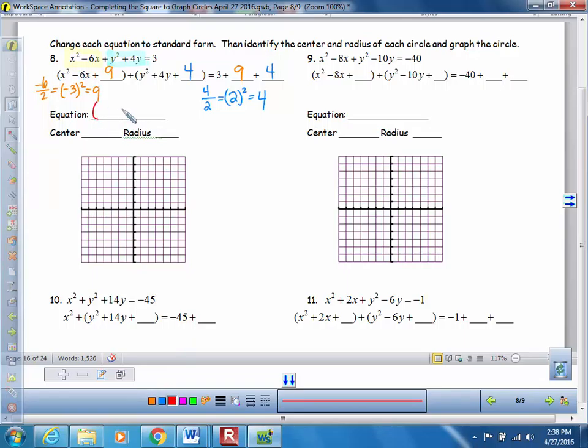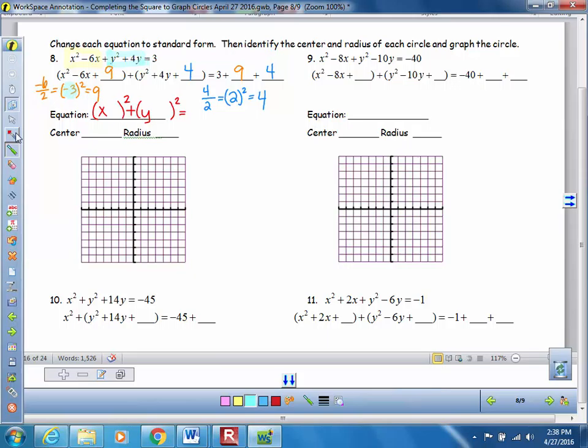We're going to have parentheses with an x in it squared plus parentheses with a y in it squared equals our number. The number that goes in here with x is what we got when we divided b by 2. What did we get when we divided b by 2 for x? -3.